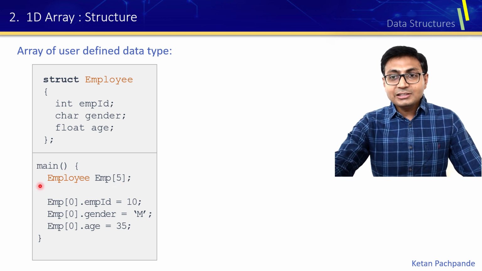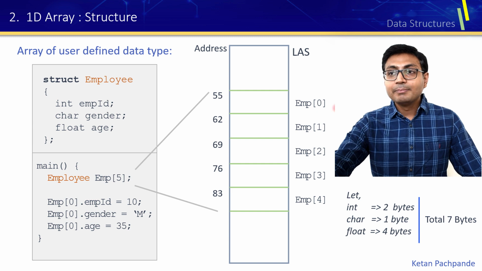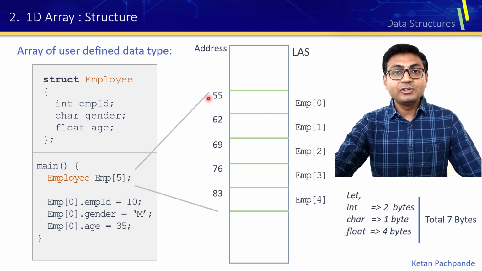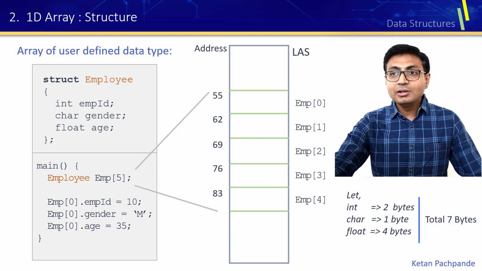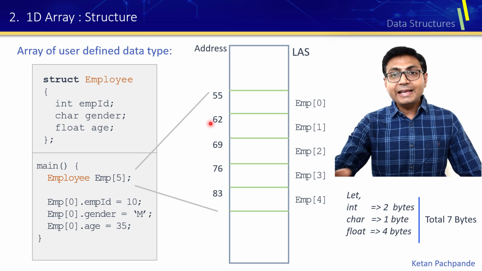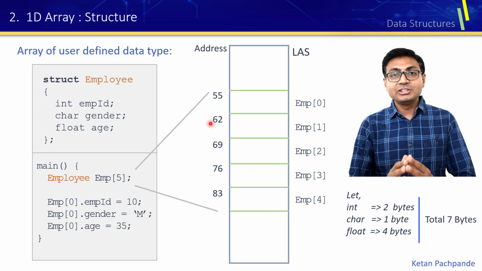So with this, memory for the 5 employees will be allocated. Let's look at the memory. Here is again the logical address space, the memory of the program, and let's assume that the array starts at the logical address 55. One employee is going to take 7 bytes. So 55 plus 7 is 62, so the next employee is going to start at the address 62.